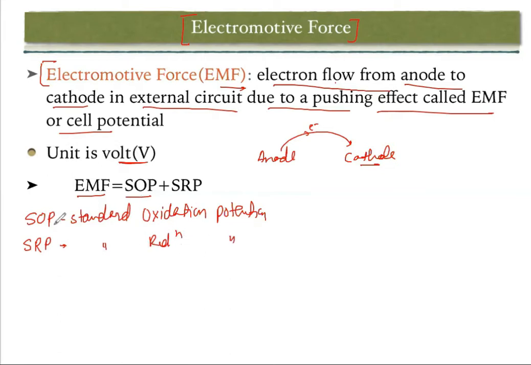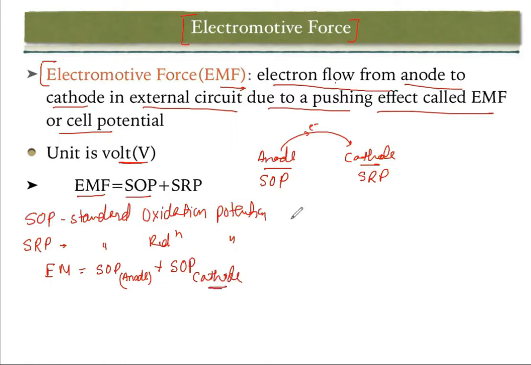As we already discussed, standard oxidation potential is defined for our anode, right? So this is our SOP, this is our SRP. So we can rewrite this EMF as SOP of anode plus SOP of cathode.